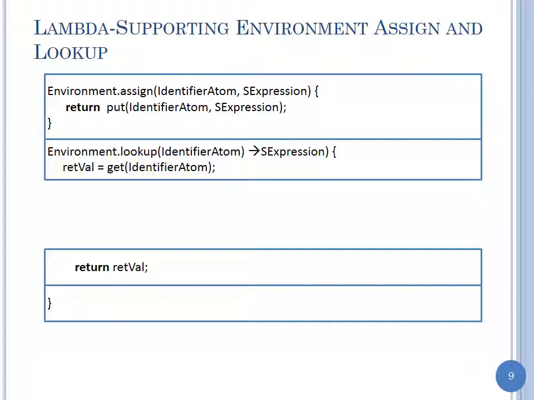If I don't change, what's going to go wrong? So will the assign work, by the way? You're talking about the lookup, right? Will the assign work? So when will you assign in a lambda body? When it's a formal parameter.